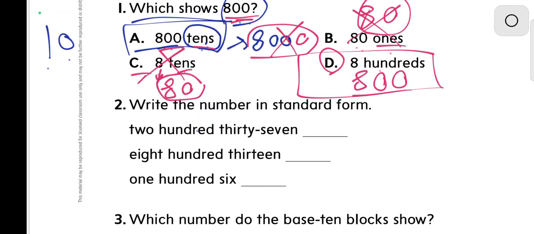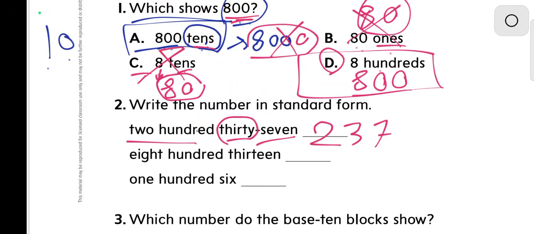237. Okay guys, listen to me carefully. How can we write a number like that? Firstly, 200. So you have to put 2 in the hundreds place. Okay, 30. So it's 3 in the tens place. After that, 7 is 7.